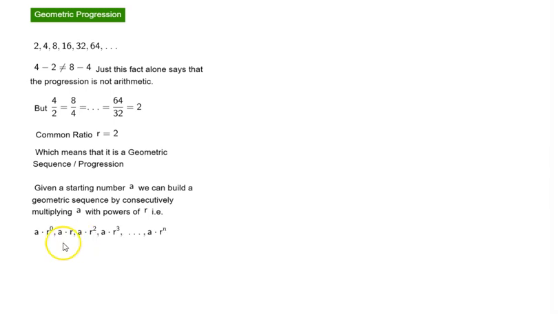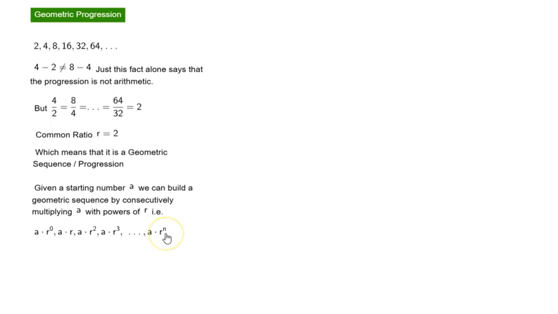So it would be A times R to the power of 0, A times R, A times R square, A times R cube, and so on up to whatever term. It could be an infinite sequence, in which case just dot dot dot, or we can stop at some power of R, that is A times R to the power of n.